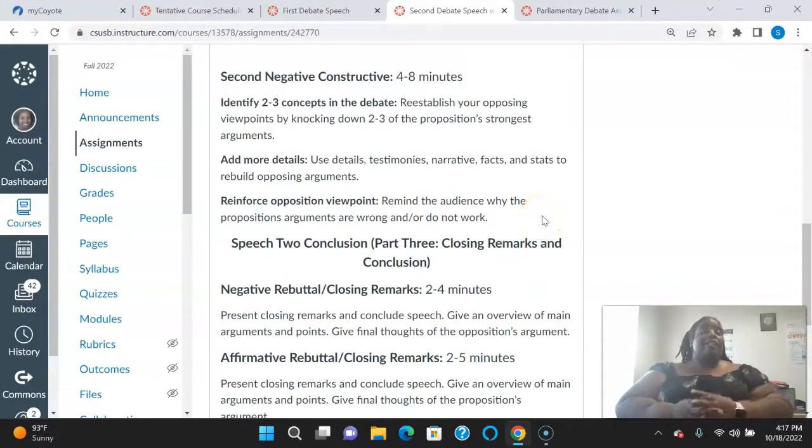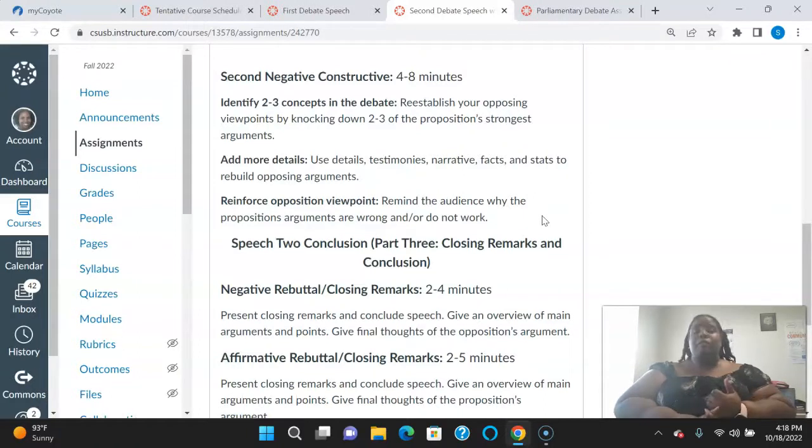Then in the second negative constructive, this is your time to shine. Now that you know what the affirmative speaker said in their speech, you've already had the information. You don't have to really guess anymore. You can respond to new information that you received from that first video or continue to knock down what they said initially.